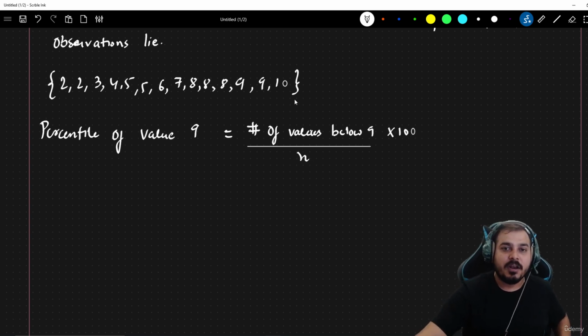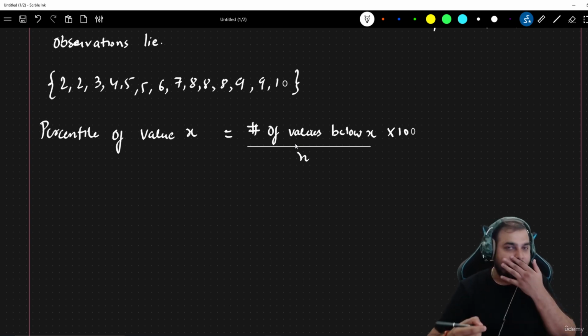So this is the formula to basically calculate the percentile of a specific value. Now I'll make it quite generic. Instead of writing value, I'm just going to write over here as x. If I write x, this becomes a generic formula for any kind of values.